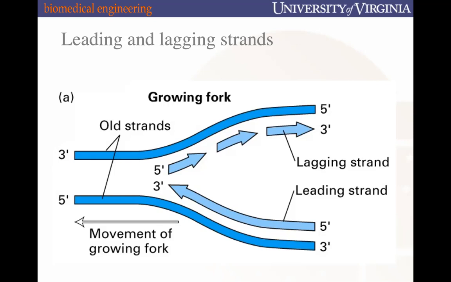But each time there's more template strand available for the lagging strand, an RNA primer will come in and help provide the initiation step for DNA polymerase 3, but then it's going to run into the previous fragment. So, for example, let's say these two strands have already been made. As it opens up further, now there's space for an RNA primer to come in, and it's going to elongate and then abut against this fragment here and stop.